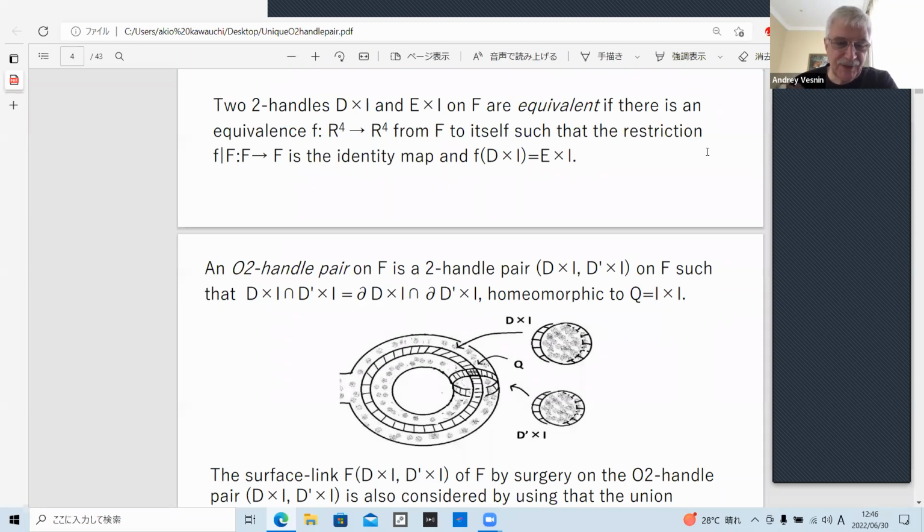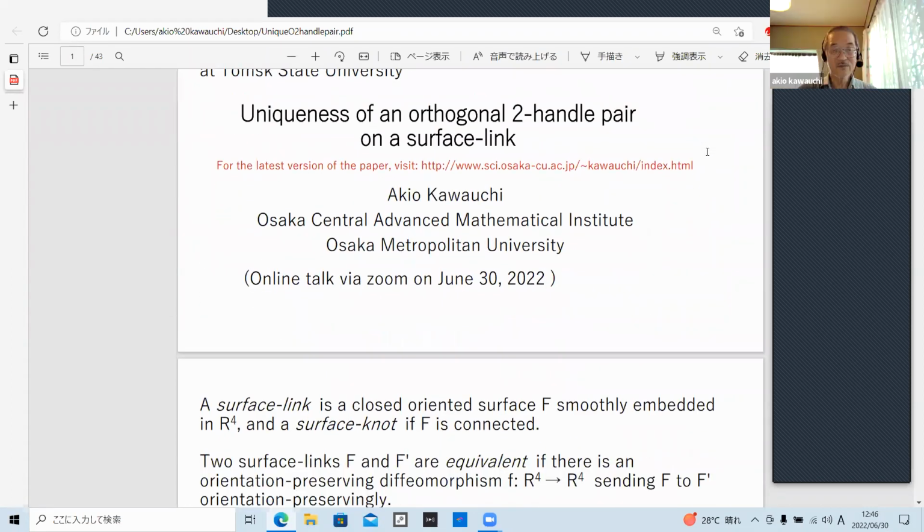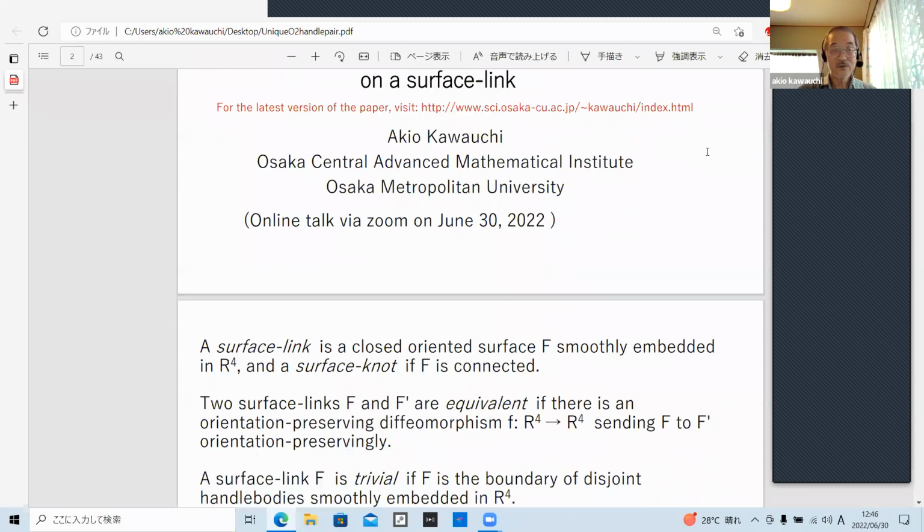Another question, maybe not related directly to your talk: can you say something about geometric structures related to surface links? Are there some results about the geometry of these objects?